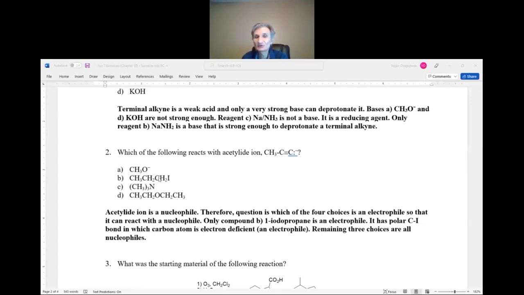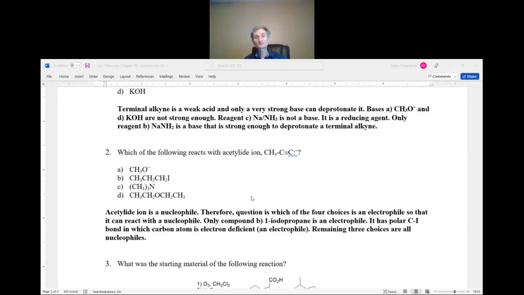But a bond to chlorine, bromine, or iodine is both polar and can be easily broken. And that means that carbon effectively acts as an electrophile, because since iodine can leave easily, that leaves an empty orbital here. In this case, actually, assistance from this free electron pair is necessary to push out the iodine. And so B is an electrophile, and that's the product.